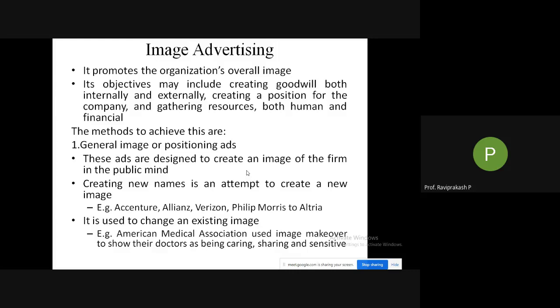So what they do is they come up with new names. For example, if you see Vivo, OnePlus, Oppo, and all, the owner is one, but why are there different companies? They are catering to different segments. This may also include different kinds of things related to marketing, but a part of it may fit here. The same owner is coming up with three, four companies where he's catering to different kinds of people. For example, OnePlus is a premium segment when you compare it with Oppo or Vivo.